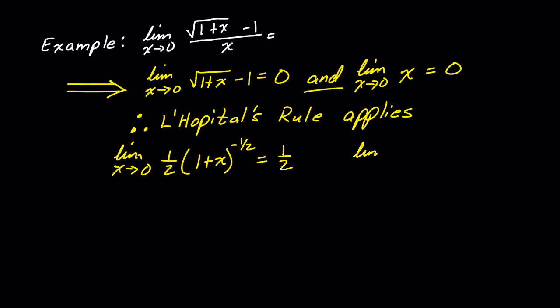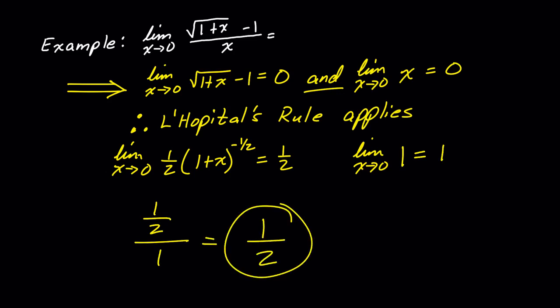Okay, well, let's do the denominator. Limit as x approaches 0. Well, now the derivative of the denominator would just simply be 1. So this is equal to 1. So that's going to give us the limit is equal to 1/2 over 1, which is equal to 1/2.